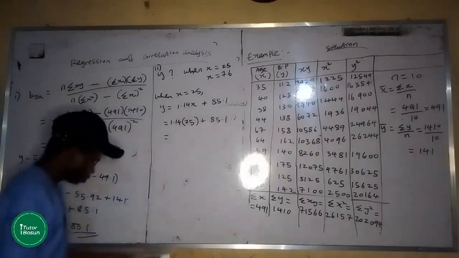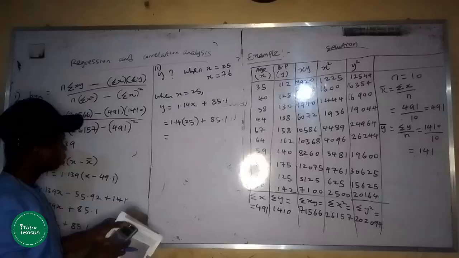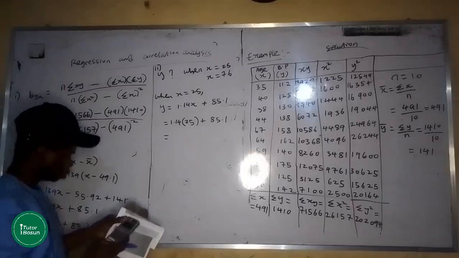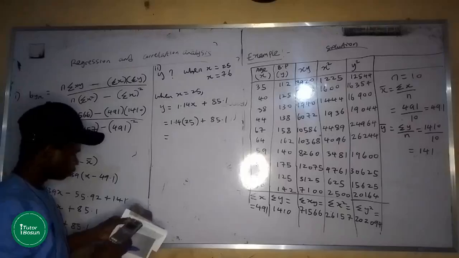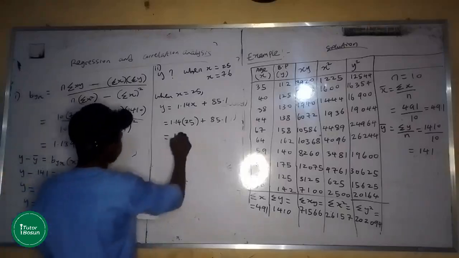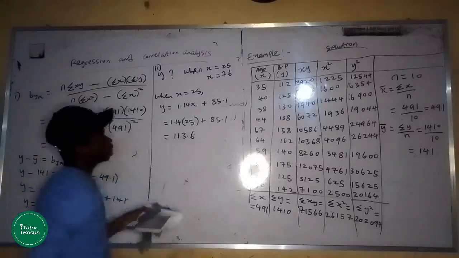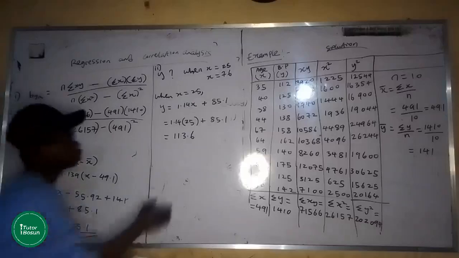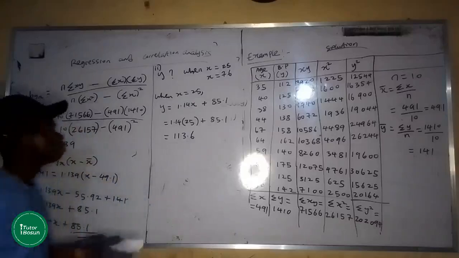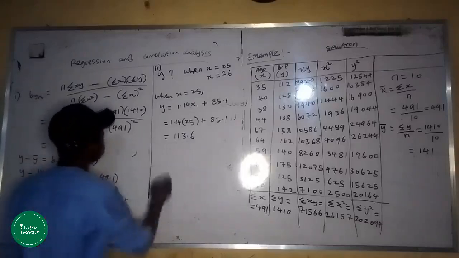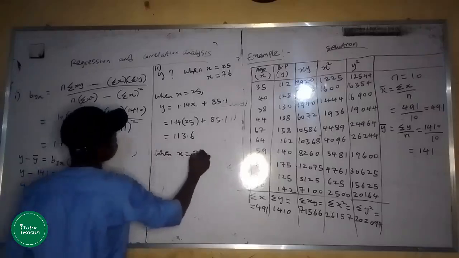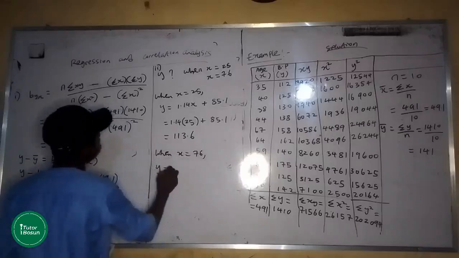We compute that very well, and that gives us 113.6. So that tells you that people aged 25 are having blood pressure of 113.6.